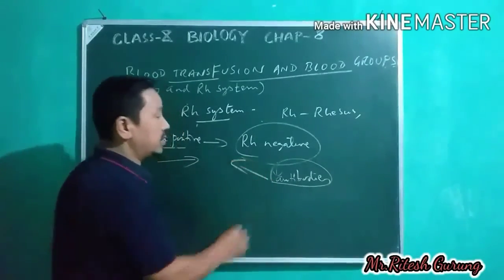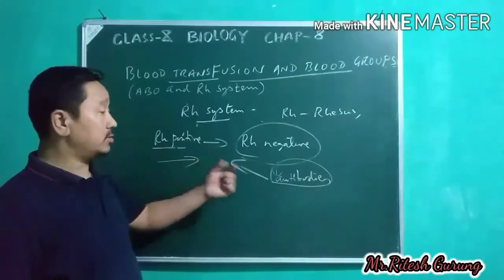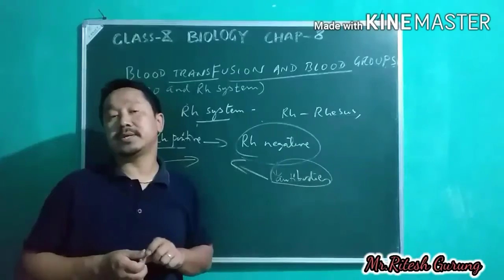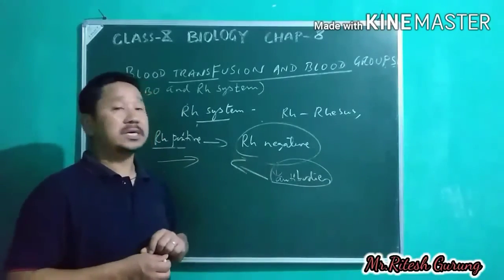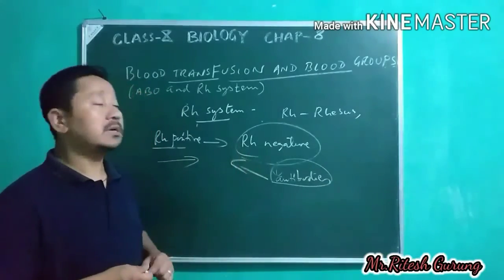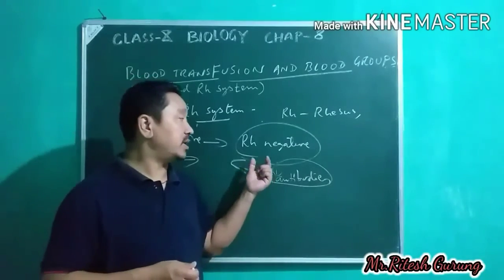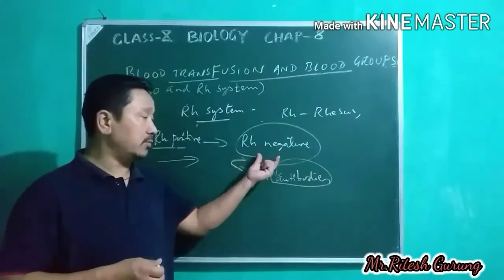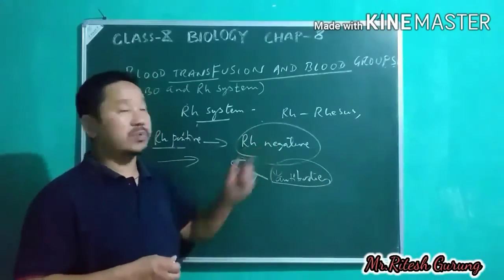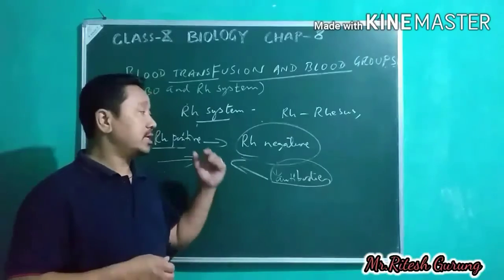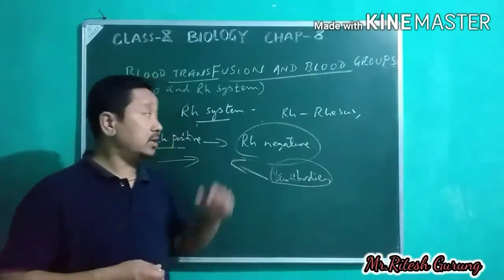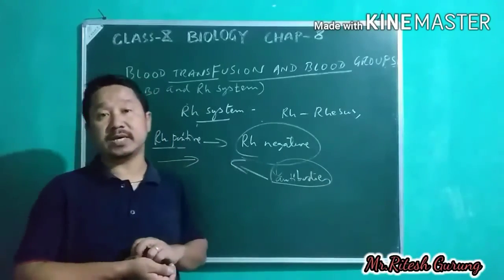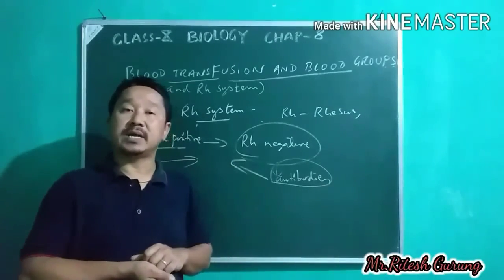These antibodies will sensitize, or react, which means there will be a reaction in the blood of this recipient, which may even cause death of this person. So not only the group, but even this Rh factor needs to be matched, so that the problem is not caused.